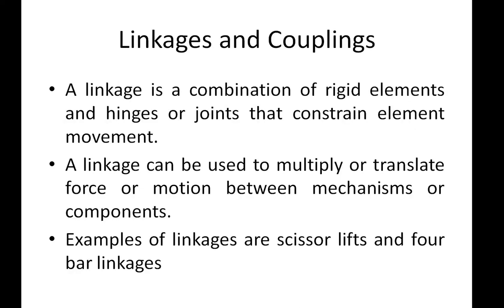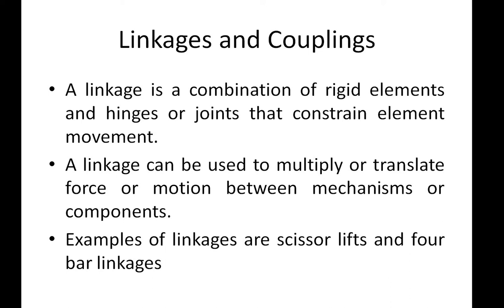Now the next topic is the linkage and the coupling. As you know, link means a joining, and the coupling is again a joining. So here you can see the difference. A linkage is a combination of rigid elements and hinges or joints that constrain the elements.